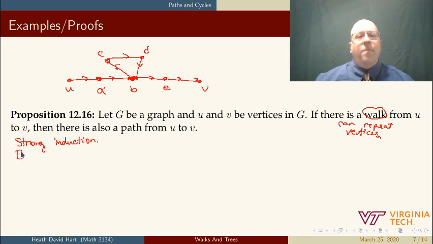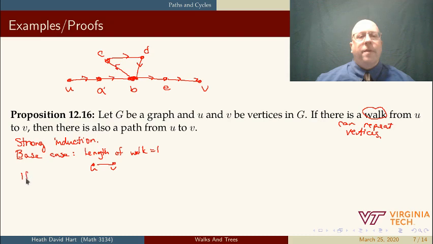So the base case: if the length of the walk from U to V is just 1, then it has to be the walk UV.